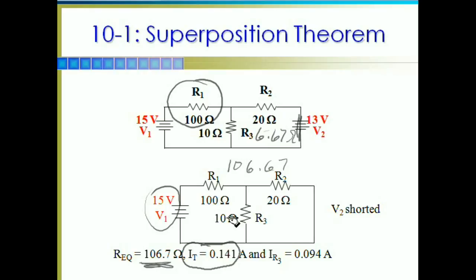See, we can analyze this going with current. So we can find out what the current is going through R3 with 2 sources at this point. So where was I? Okay, 1.41 amps, pardon me, 0.141 amps. And the current flowing through R3 is going to be 0.094 or 94 milliamps. Now, of course, we figure that out using the conductance method.